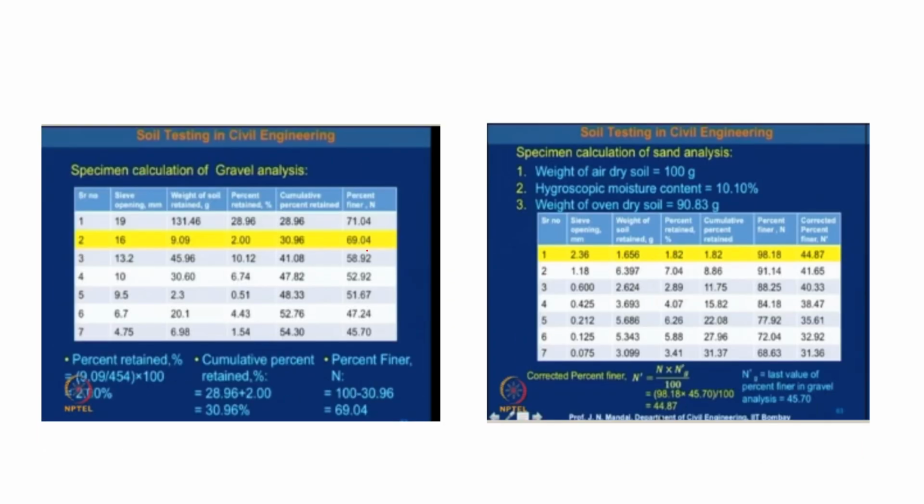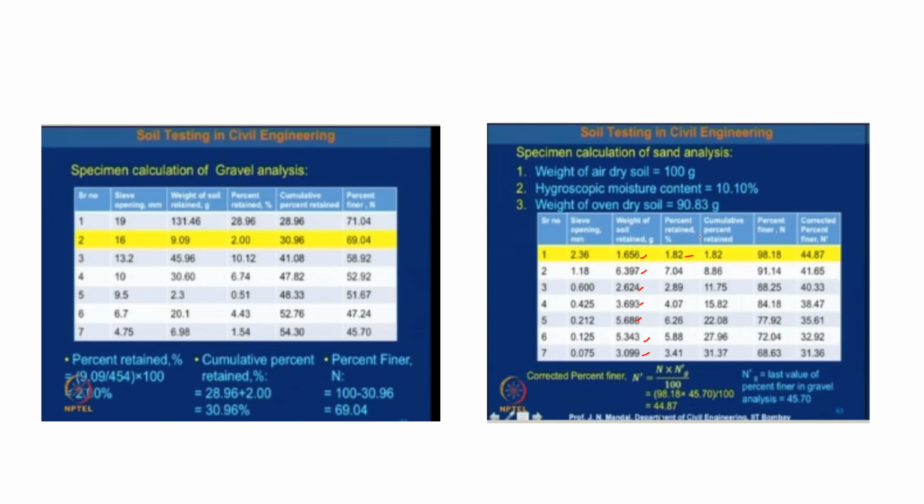You have your set of sieves: 2.36, 1.18, 0.6, 0.425 mm, everything in mm. After sieve shaking, you measure the weight retained on each sieve and find out the percentage. For example, your oven dried soil is 90.83, which is what you are sieving.